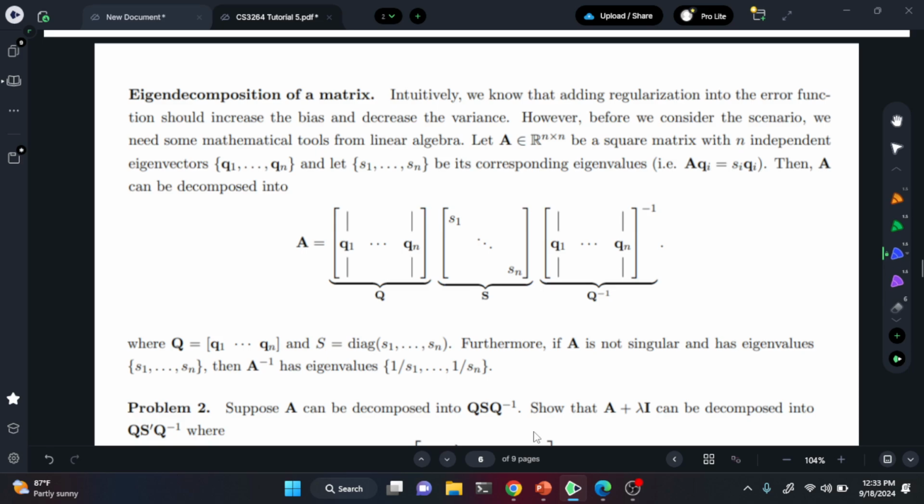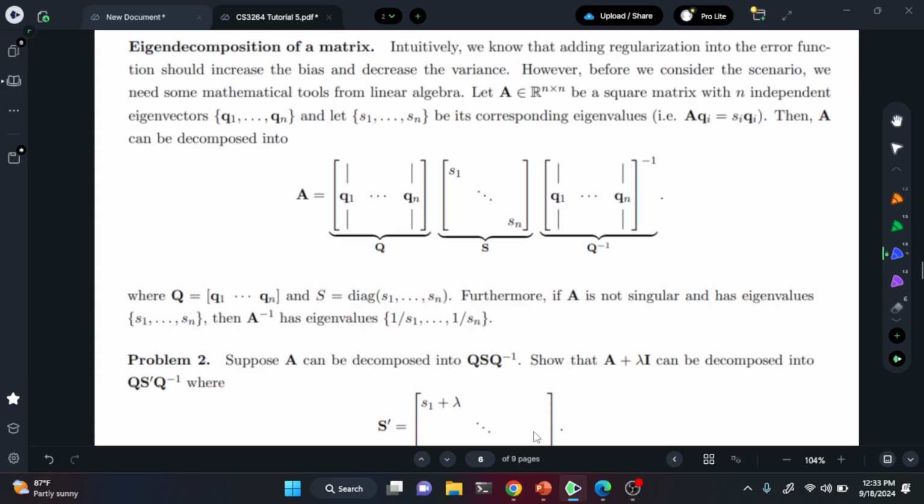So for the second one, we want to actually just show some form of the diagonalization. For those who have forgotten your MA 201, this is essentially what we call diagonalizing. It tells me that if I have a certain matrix, I can create a diagonal matrix of it by first creating a matrix that contains the eigenvectors.